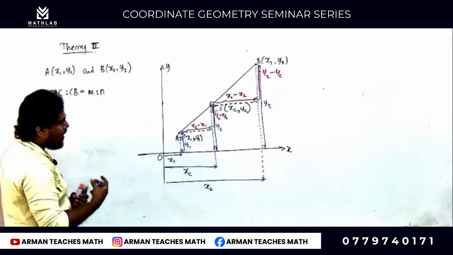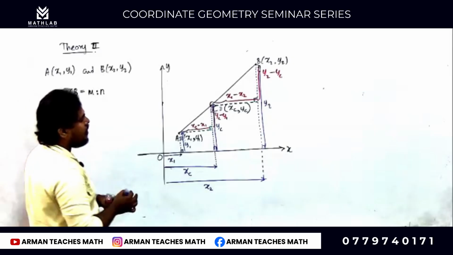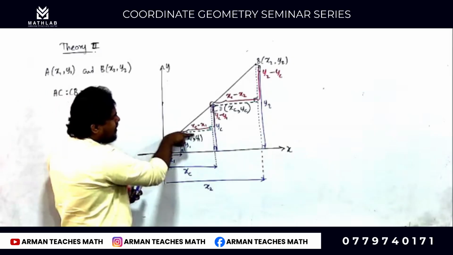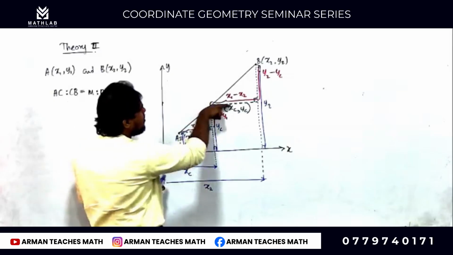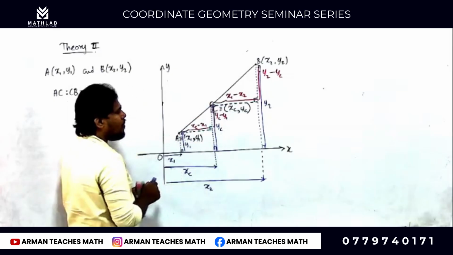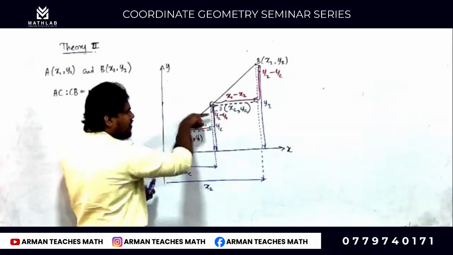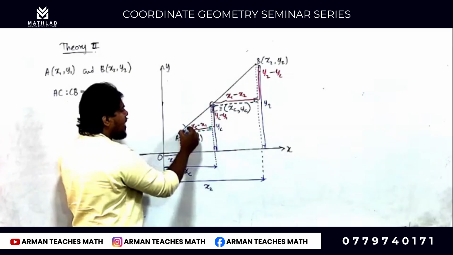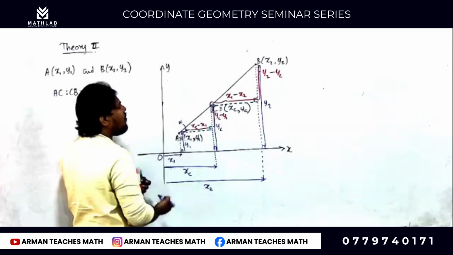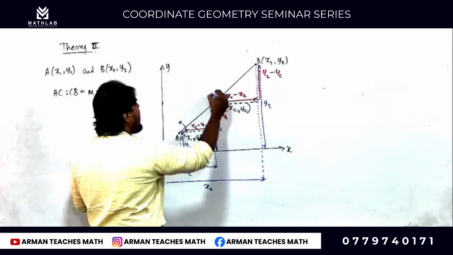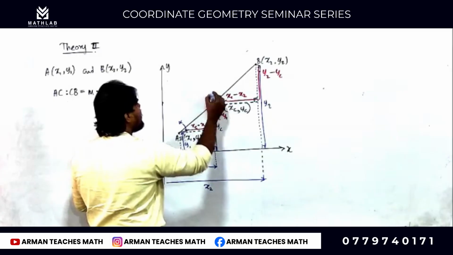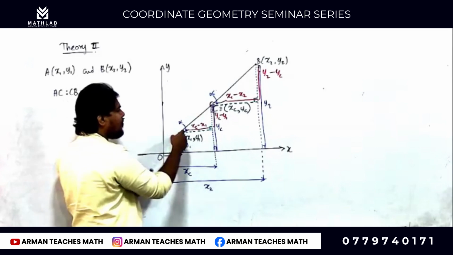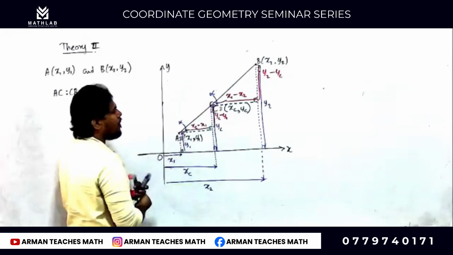Now stop working for a while and listen carefully. This straight line segment and this straight line segment are parallel, horizontal lines. Which means if this angle is alpha, this angle here is also alpha.